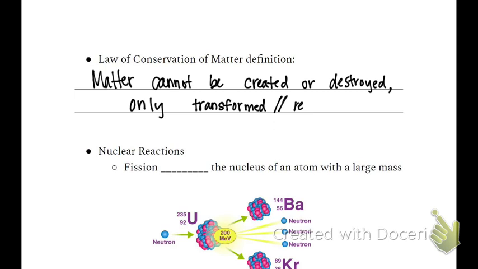So I'll take both of those words. It's transformed or rearranged. How do you spell arranged? Are there 2 R's in arranged? Great, we're going with that. So, matter does not disappear. You don't make new matter. It just moves around. Okay?